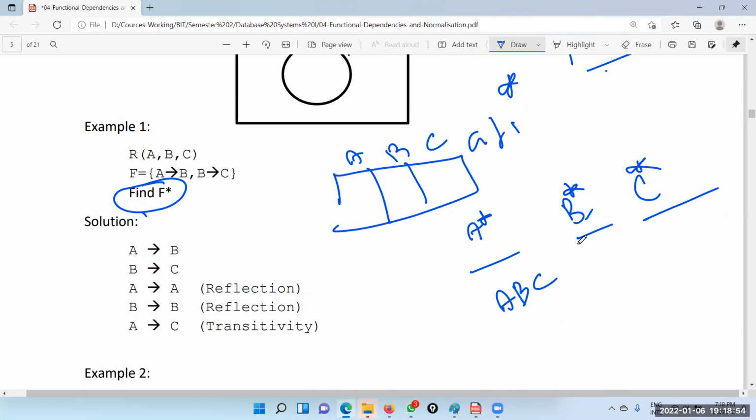What about the B closure? By reflexivity, B determines B. Then B determines C, so C is also there, but nothing else.